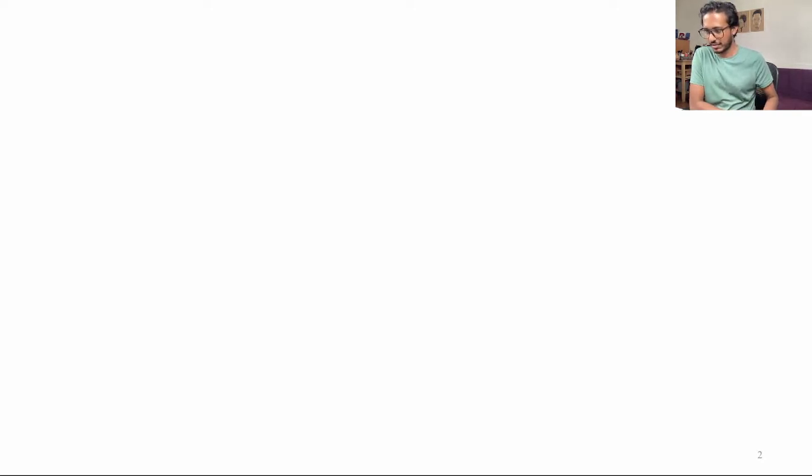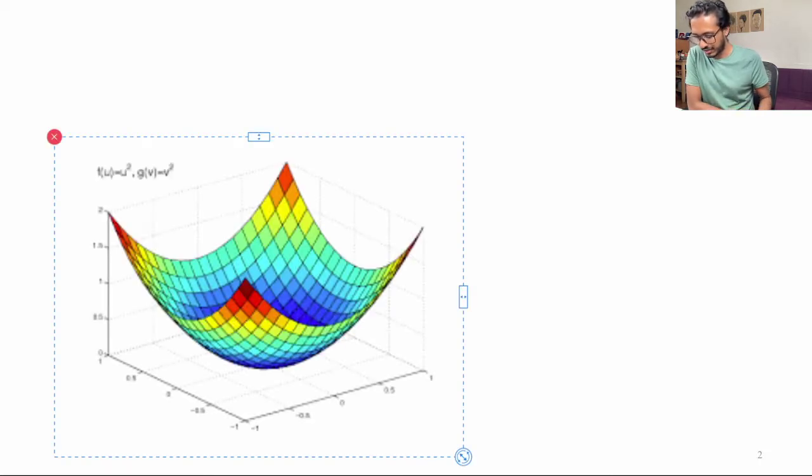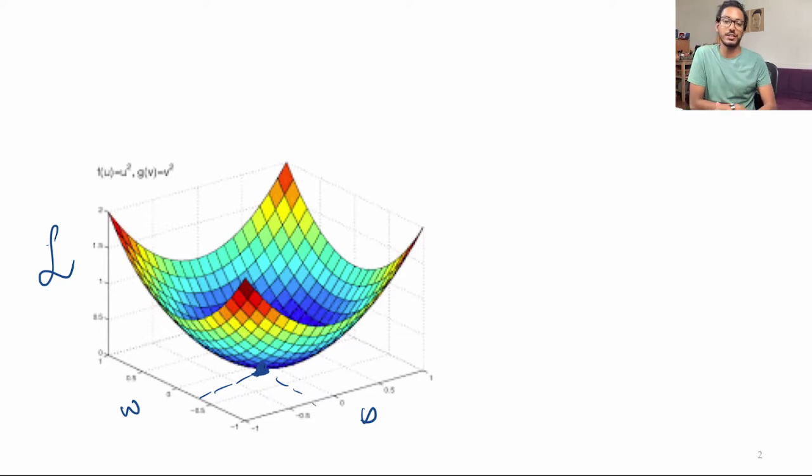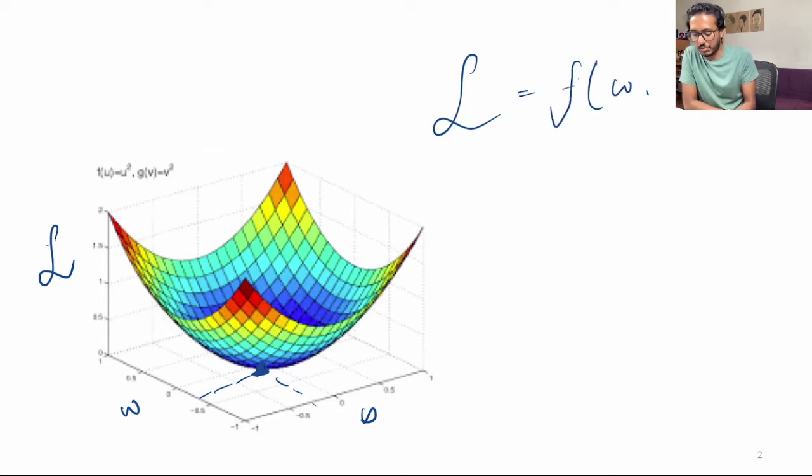I have another image here. Again, sorry for the quality, I'm just taking it out of Google image search to quickly show you guys. Here we have our W's and B's with our loss on this axis, and we want to find the point of the W value and the B value where the loss is minimized. So this is what we want to do. We have L as a function of W and B, and we want to minimize L.